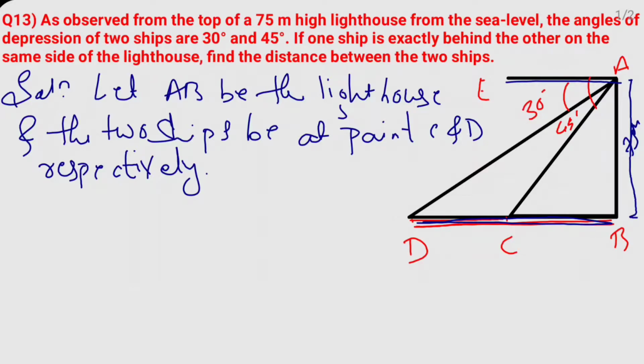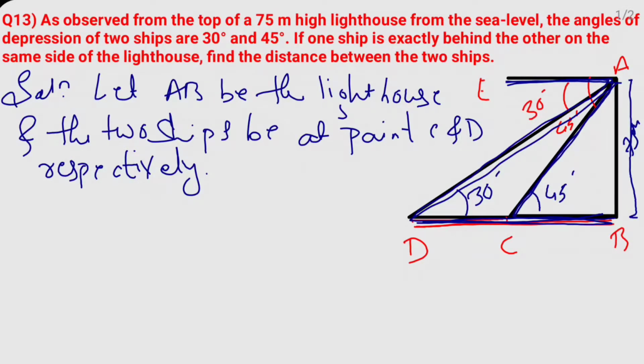So these two are parallel, and here the angle EAC equal to angle ACB, alternate interior angle. So it is also 45 degree, and similarly here also angle EAD equal to ADB. It is also alternate interior angle. So this angle is 30 degree.